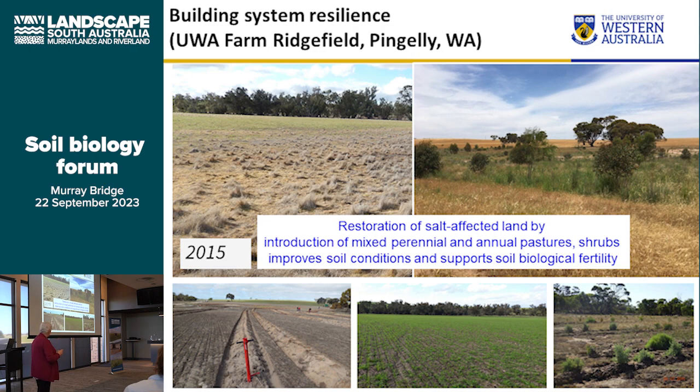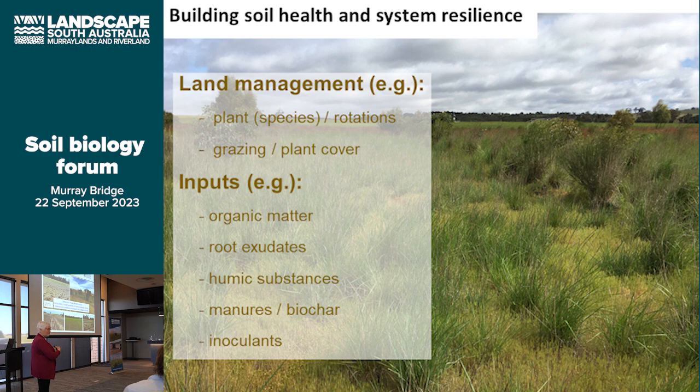I'm sure a lot of you have done that, but that's something I just wanted to raise, that the University of Western Australia has this commercial farm which we are using for our research, and we've got a long-term soil carbon trial with different perennial mixes at the moment. That's happening.